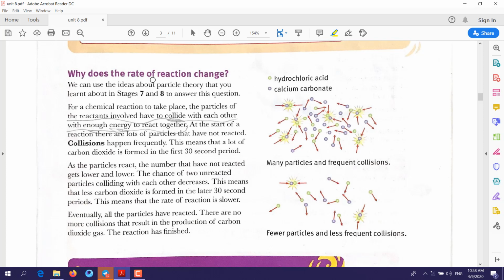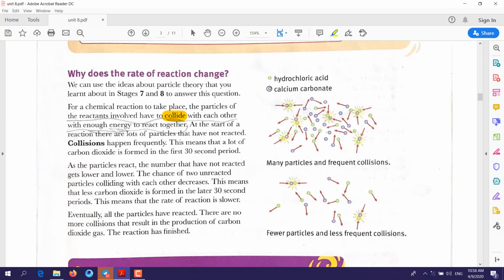Why does the rate of reaction change? In any chemical reaction, when two substances react with each other, in fact what is happening is that the particles of these substances are hitting each other, or colliding with each other. For example, here the green circles or green dots represent the hydrochloric acid.